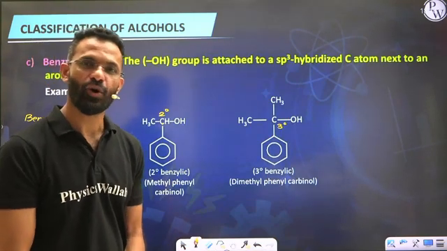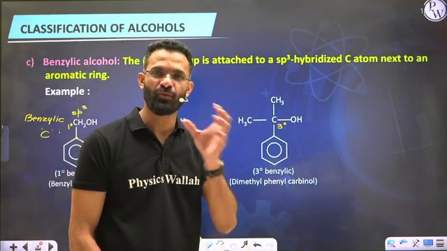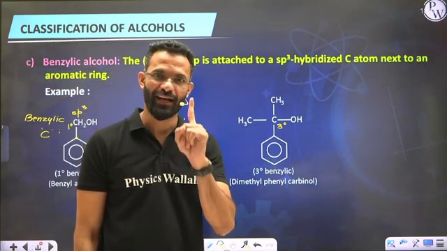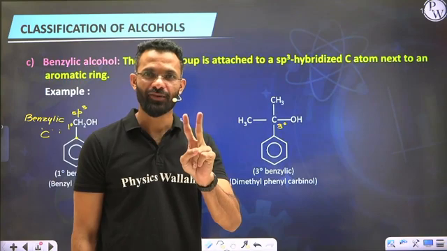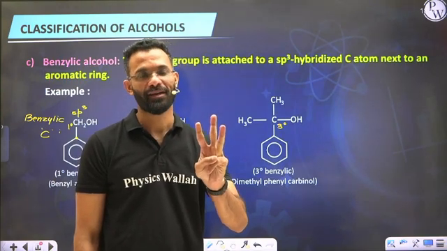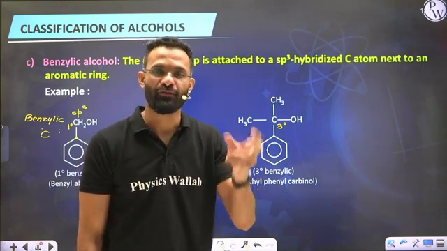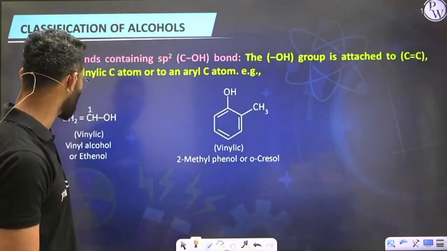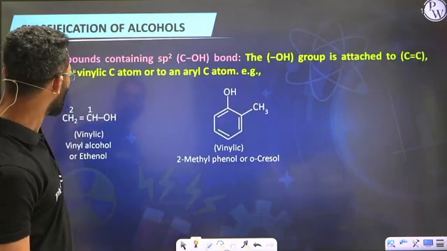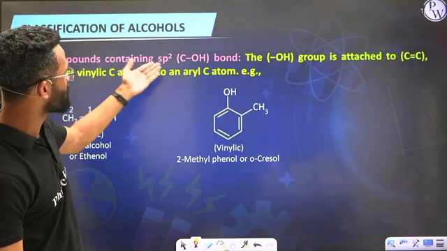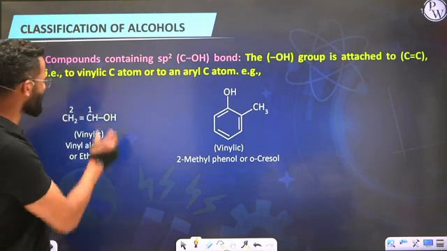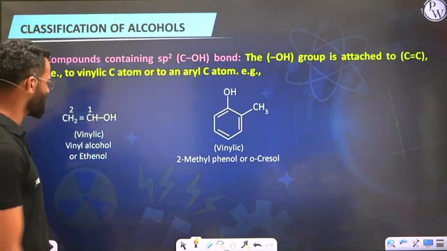So these were all cases where the functional group OH was connected to an sp3 hybridized carbon, either of an alkyl group, allyl group or benzylic group. And now we are going to talk about when the functional group OH is connected directly to an sp2 hybridized carbon atom. So alcohol compounds containing an sp2 hybridized carbon carrying OH, meaning OH will now be directly connected to an sp2 hybridized carbon.